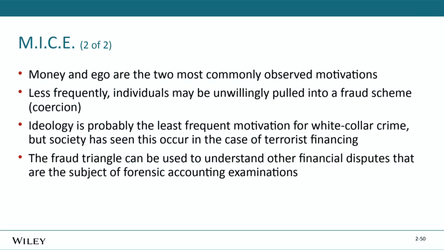The least frequent is probably ideology, especially for white collar crime. But society has seen this occur in the case of terrorist financing. Out in Vienna, Austria, at the UN, they have a section on international crime.